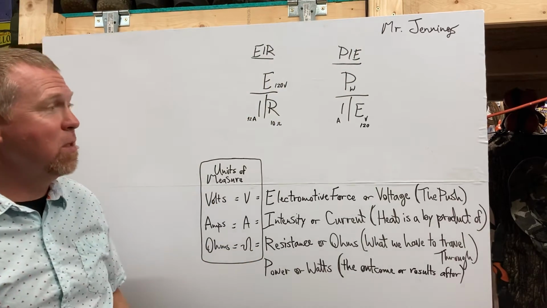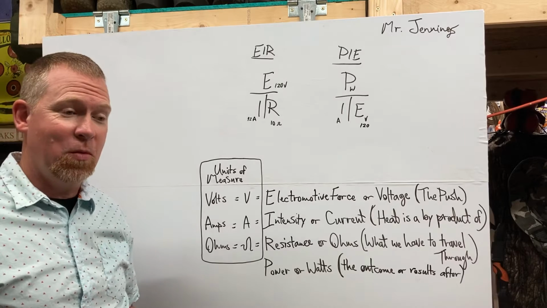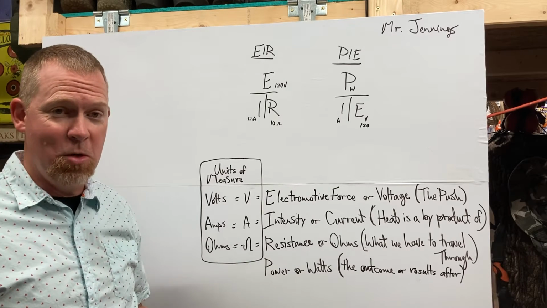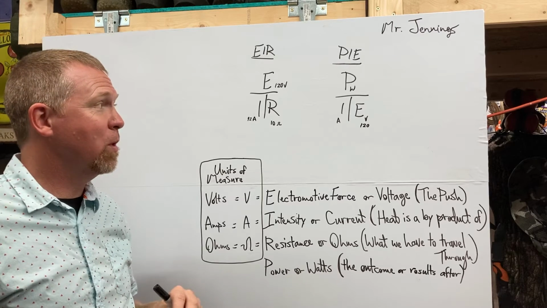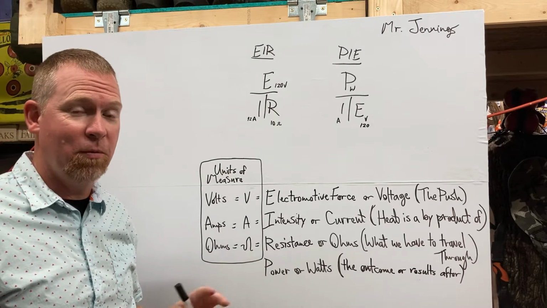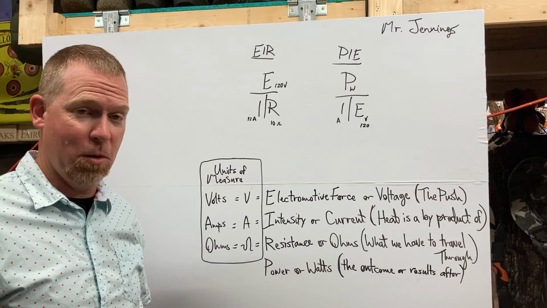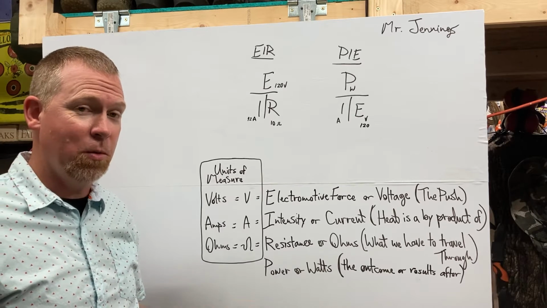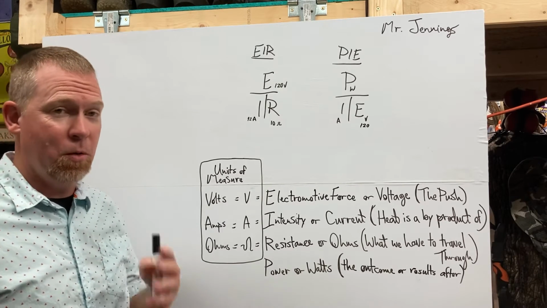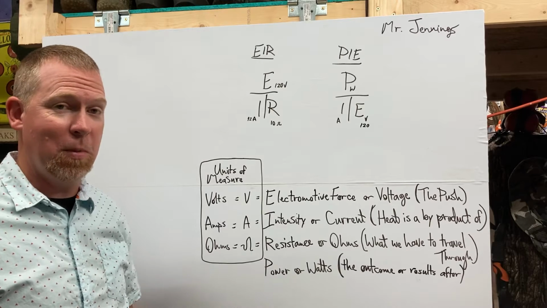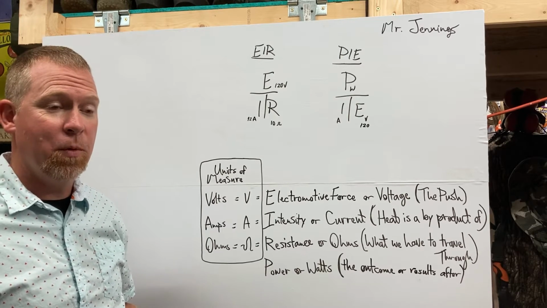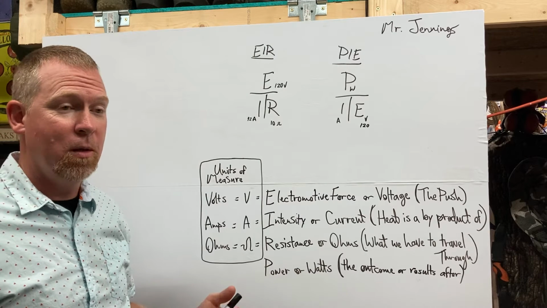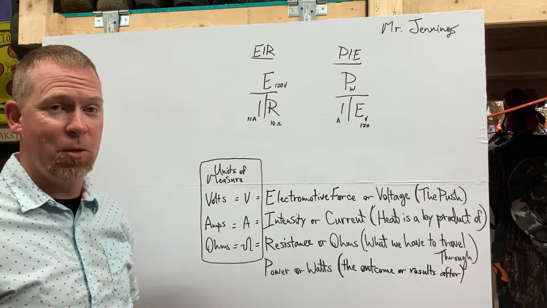And each one of these symbols represents a factor in an equation, and any two elements that we utilize within this simple equation can find the result of the third. So as long as you have two out of the three, you can solve your answer for whatever dilemma it may be. A lot of times we'll have pieces of the equipment that will help us determine that.